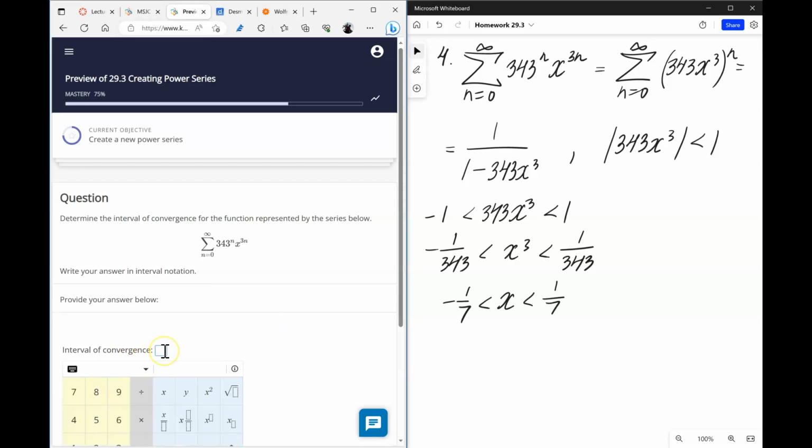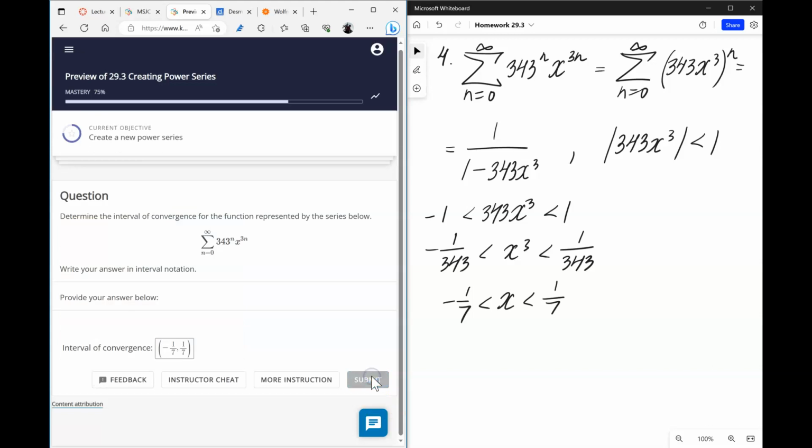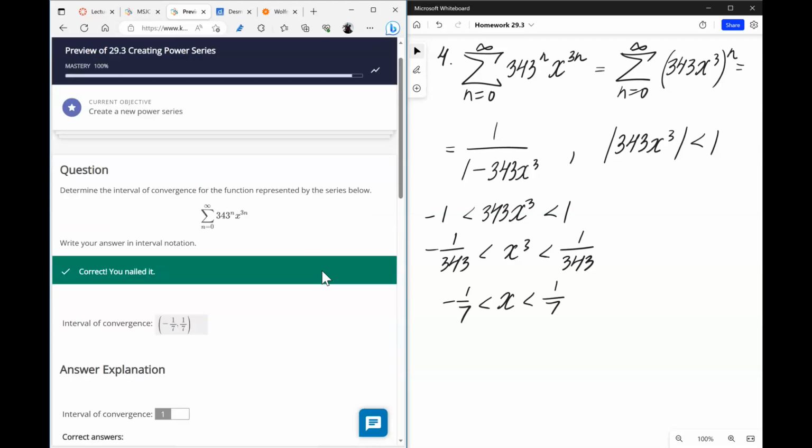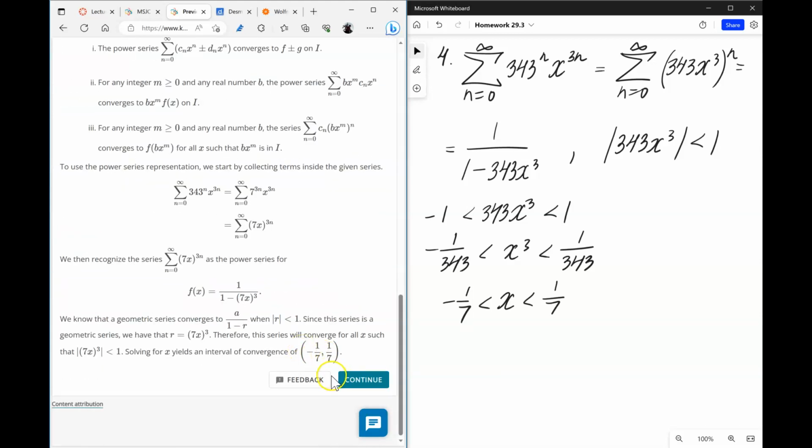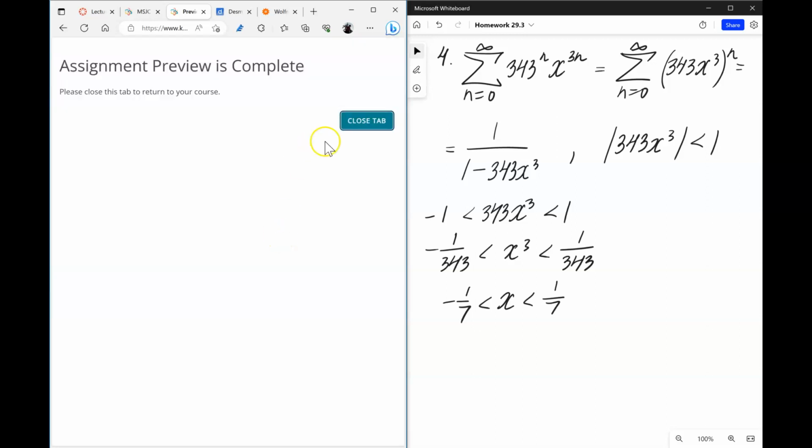This inequality is the interval of convergence, and we're just going to write it like this. And it looks like we have completed this homework. If you have any questions, please reach out.